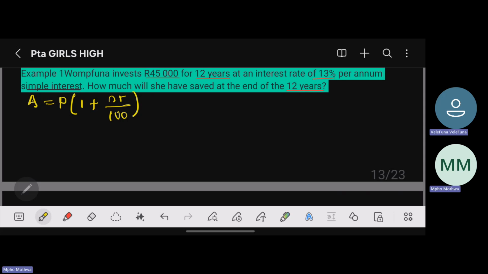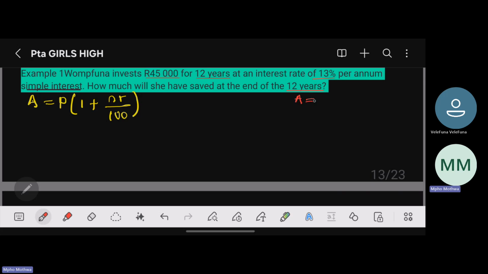Whenever I talk about A in this formula, I talk about the money that will remain later after everything has been done. Remember, when we invest money in the bank, we put it for a certain period, and after that period we are going to take it. Or even when we borrow money, we borrow it for a certain period.